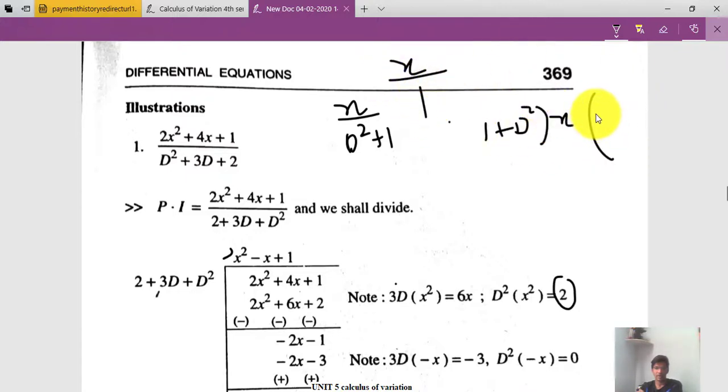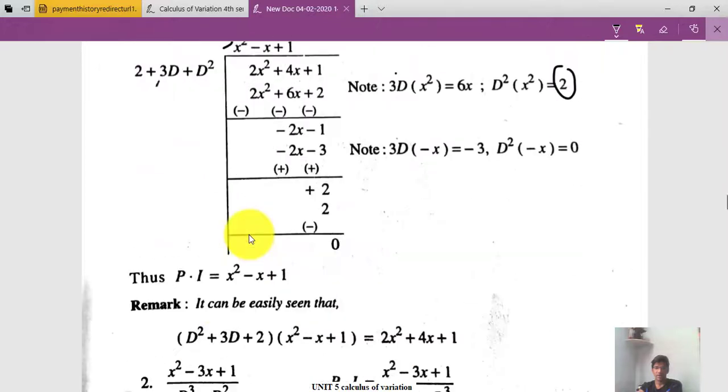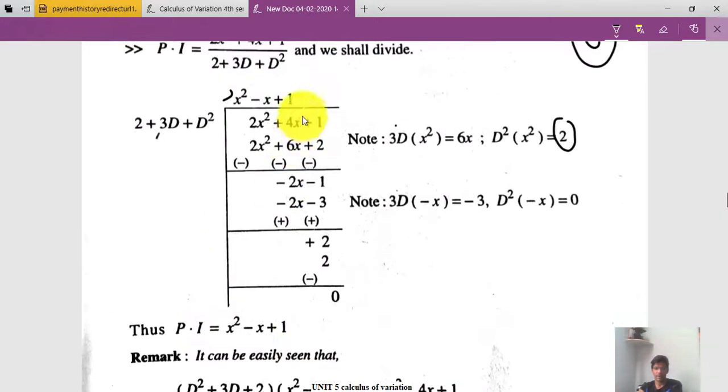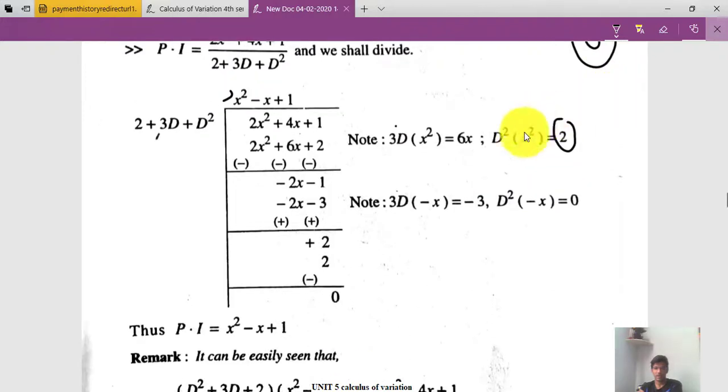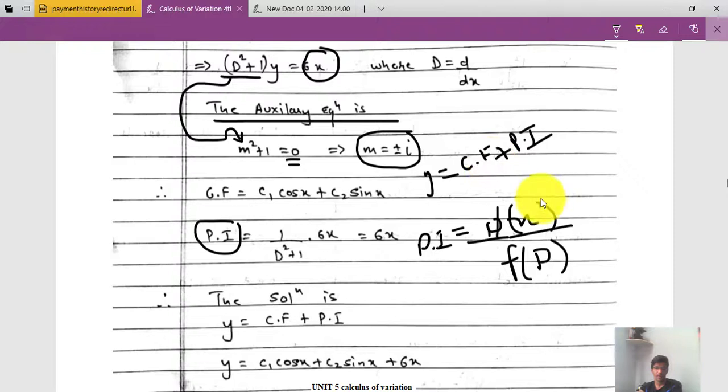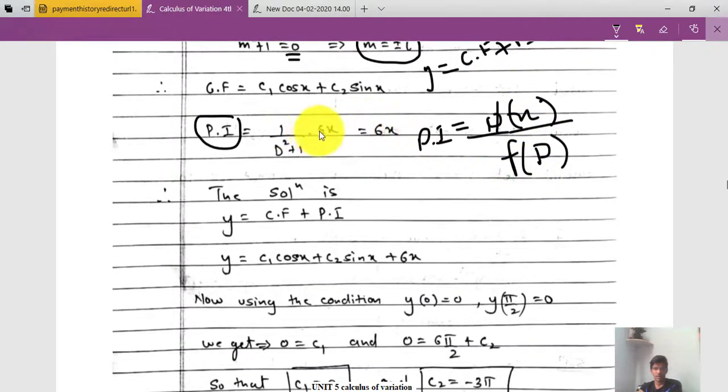So it is x only, right? 1 into x is x, minus differentiation of x twice, it will be 0, so I did not write it up. So this is obviously 0. When this 0 arises, this is your quotient, and that turns out to be your PI. So here this is a quotient, that turns out to be its PI, and then multiply it by 6x.